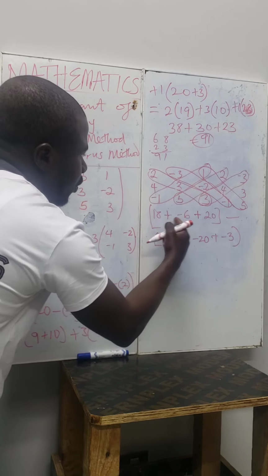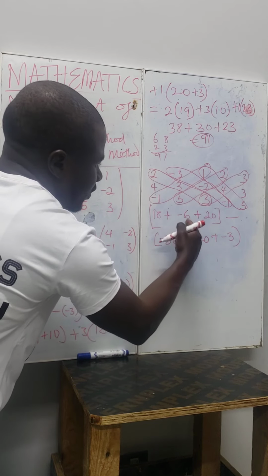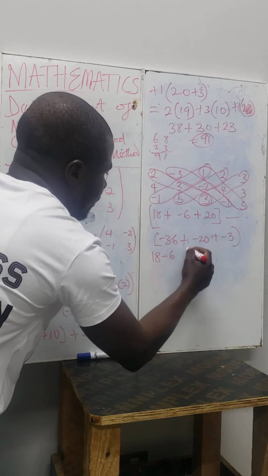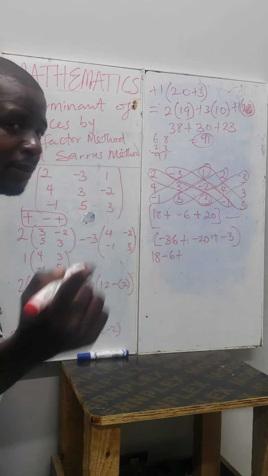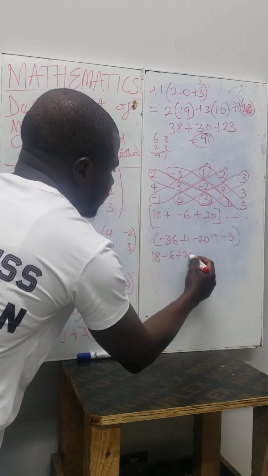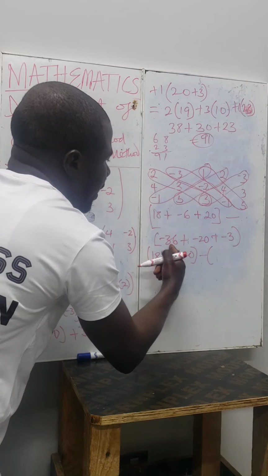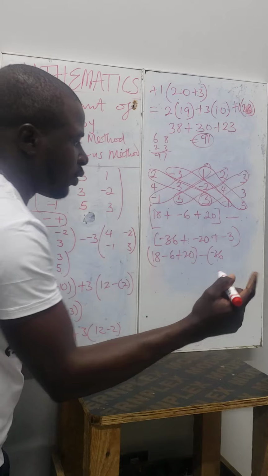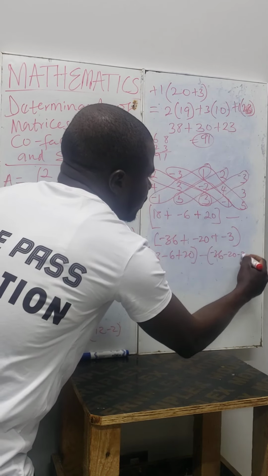Now we have 18 plus minus 6, that is 18 minus 6, because in mathematics, anytime you come across plus and minus together, you just simply write minus. So 18 minus 6 plus 20 for the major diagonal, minus 36, minus 20, minus 3.